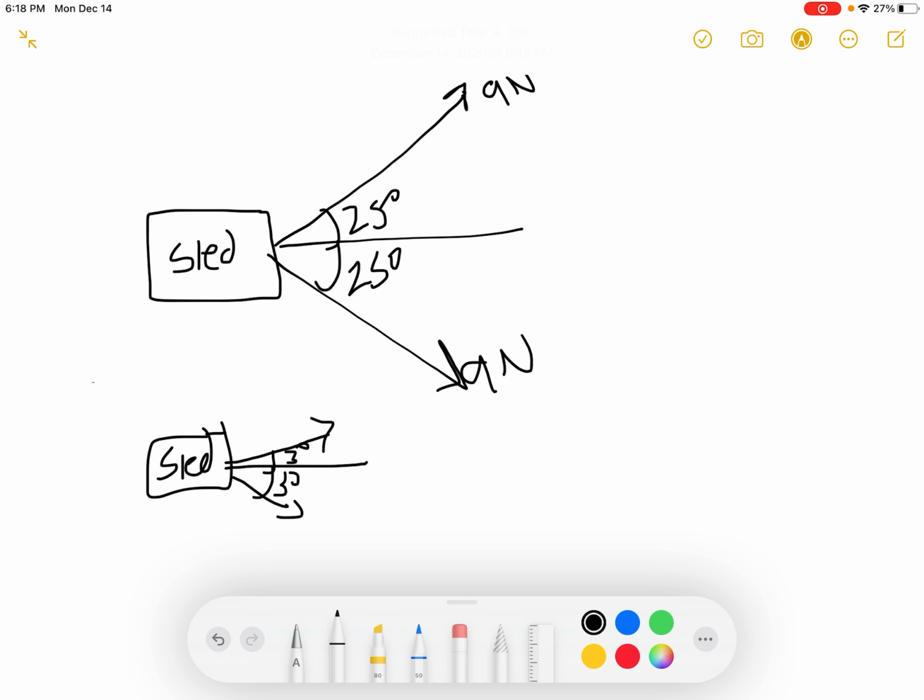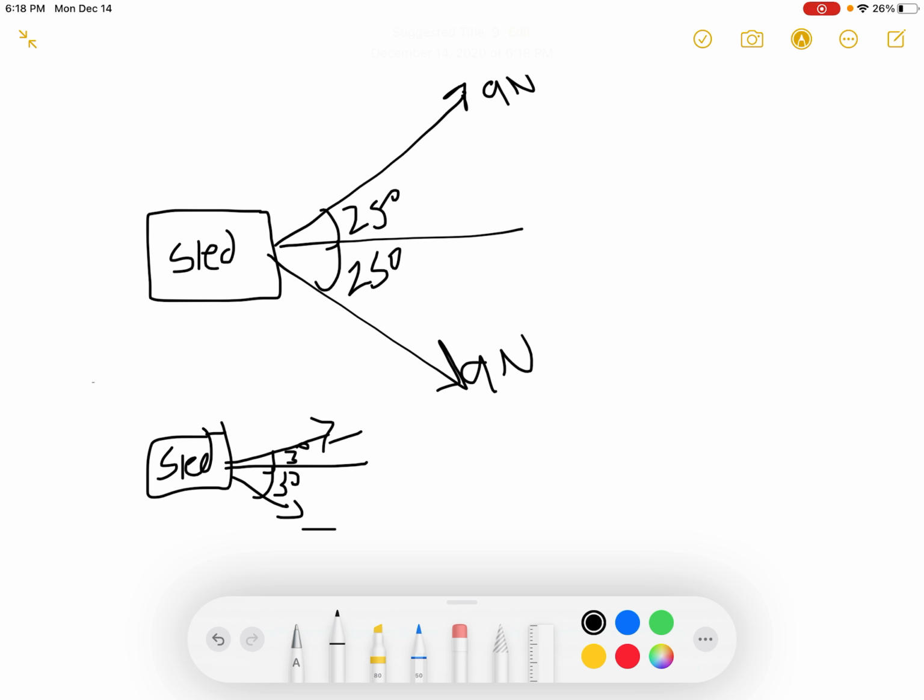This value would be lower. Using the equations we know, we can figure that out. That's not what I'm going to do for time's sake, because that's not even what the problem asks you to do. All you have to say is the amount of force could be reduced if the angle was decreased, because you wouldn't have to pull as much if the forces were acting together, if the angles were closer together.